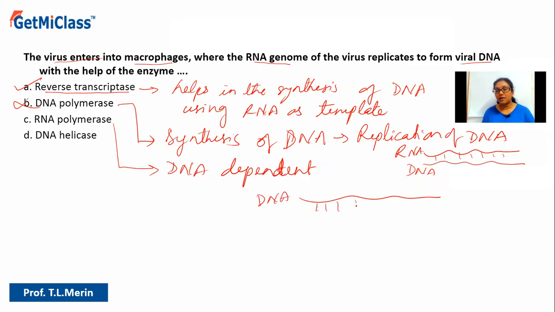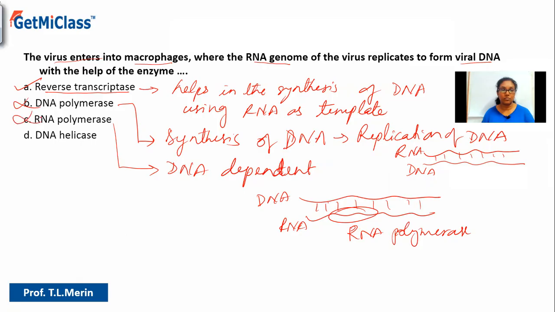Okay, RNA will be synthesized by the RNA polymerase. This is RNA, and this is the enzyme, RNA polymerase. Now this RNA polymerase uses DNA as the template and not RNA as the template. Hence we call it DNA dependent. Hence it is ruled out.